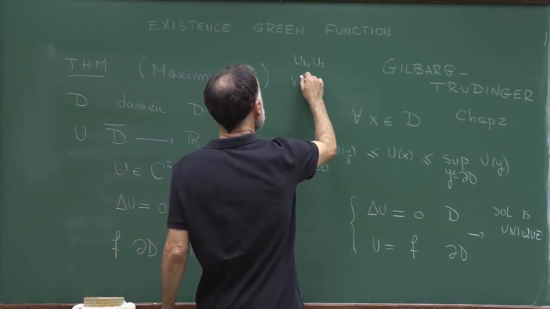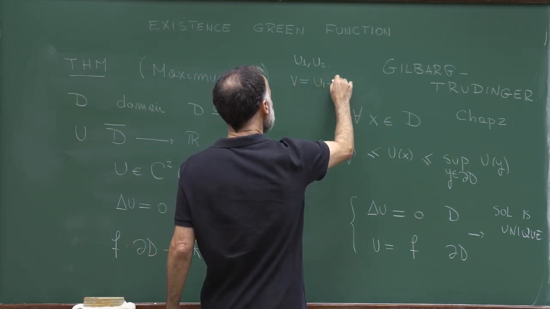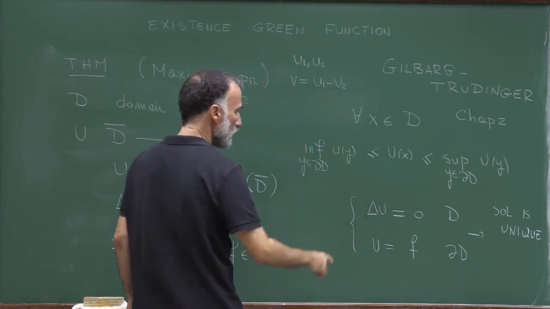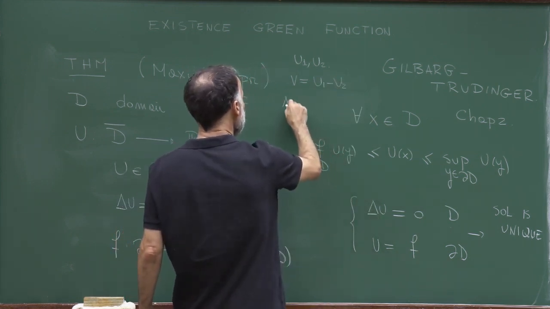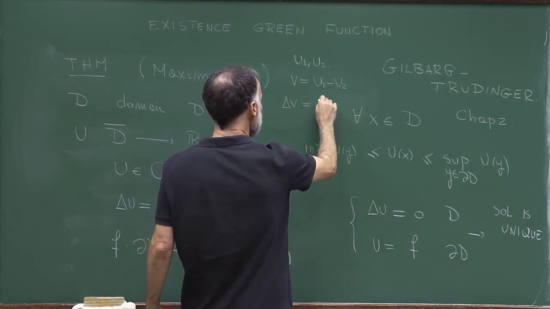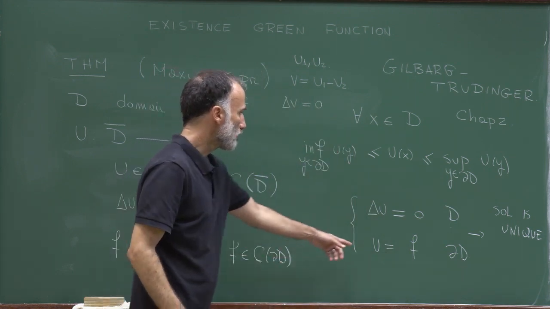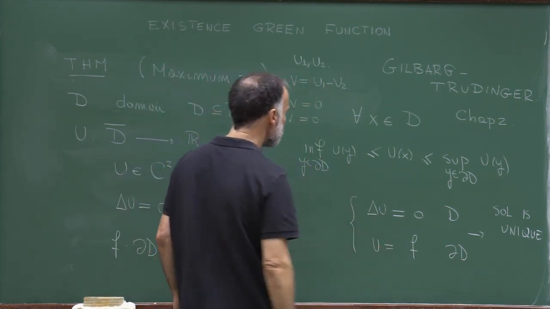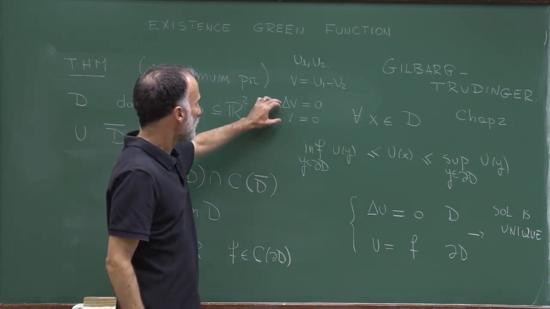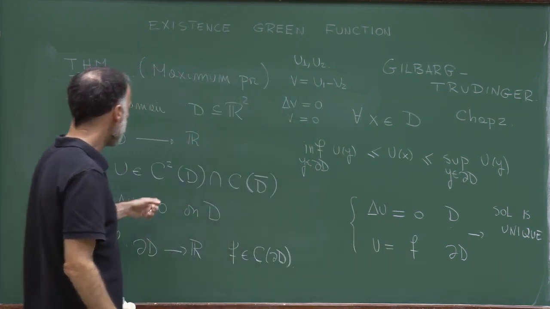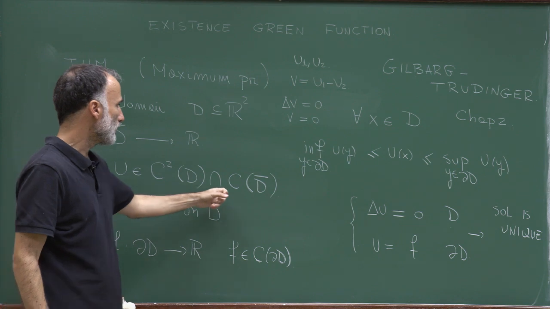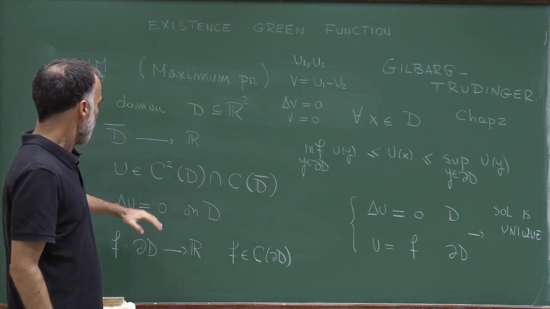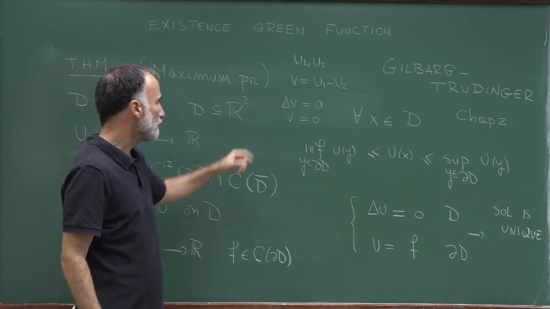Then if I define v to be the difference u1 minus u2, from the first equation, by linearity, you get that the Laplacian of v is equal to 0. And from the second equation, you get that v is equal to 0 at the boundary. Now you have a function v, which is in C2 of D intersected with C of the closure of D, which is harmonic on D.